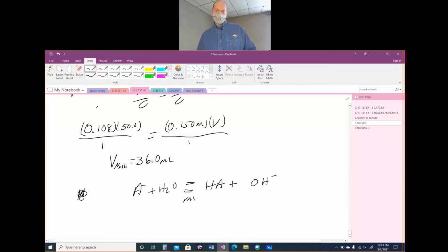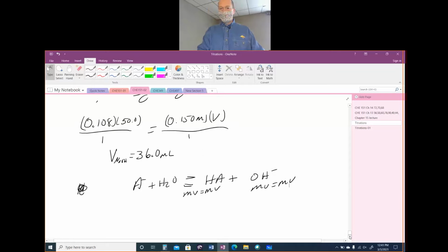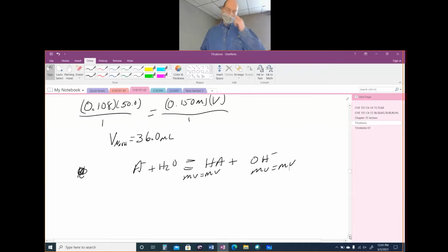So we're going to do MV is equal to MV. And we are at the equivalence point, which means that those two molarities must be equivalent. If they are not, then you have calculated something incorrect.